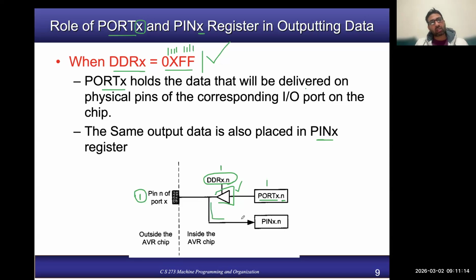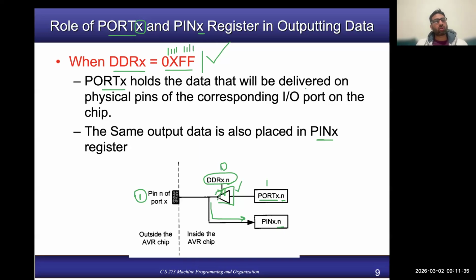And note that the same thing is fed back into the nth bit of the pin register. But if it is 0, then whatever you have in the nth bit of the port register will not become available on the output, because the buffer will be disabled. But you don't need to worry about this internal hardware.